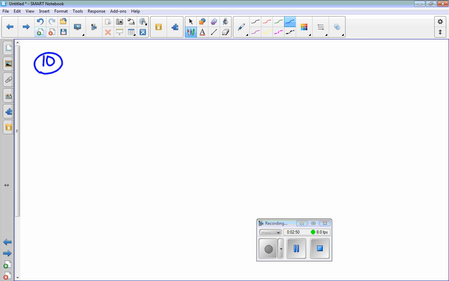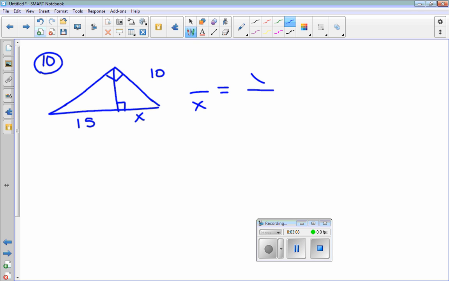Okay. So 10, I have a picture. And this is the mistake that so many of us want to make: we always want to say that x is the geometric mean. But in this case, it's not. X is not the geometric mean in this case.